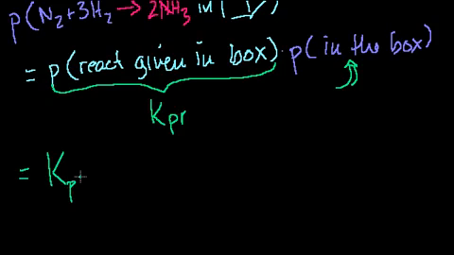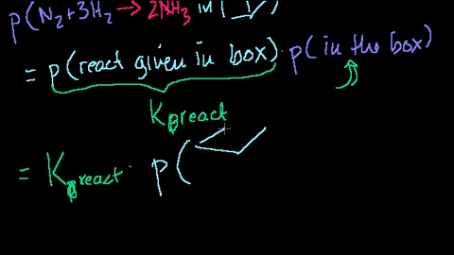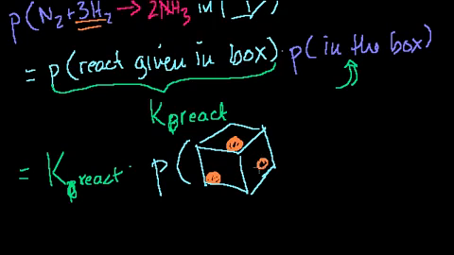I'll call it the constant of reaction, if you have it in the box, times the probability that they're in the box. Let me draw the box. So we want to know the probability where this box is just some volume that I have 3 hydrogen molecules, so 1, 2, 3, and 1 nitrogen molecule.